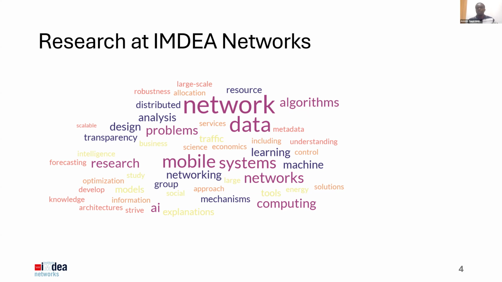So these are some of the words that you would find. Basically, we are covering all these areas, and we are extending with collaborations with other institutions to be able to target other areas as well that might not feature on the word cloud.